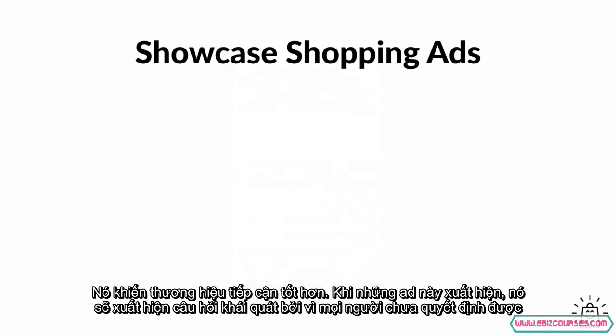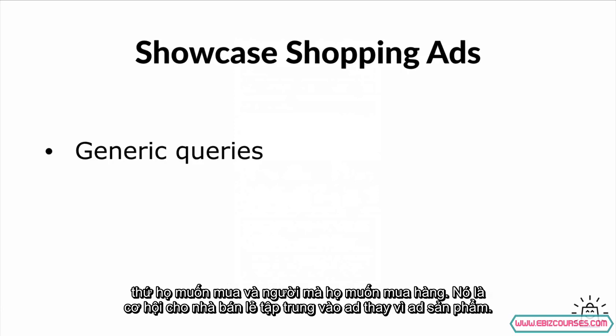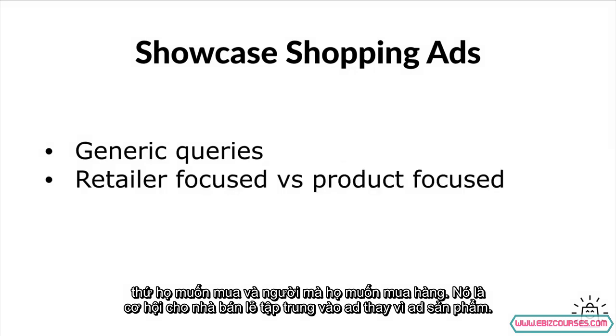When do these showcase shopping ads appear? Well, they're mostly showing up in generic search queries. That's because people haven't really made up their mind about what exactly they want to buy and also who they want to buy it from. And that means that there might be an opportunity for retailer-focused ads instead of product-focused ads.